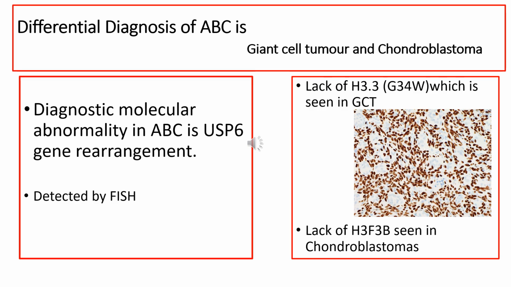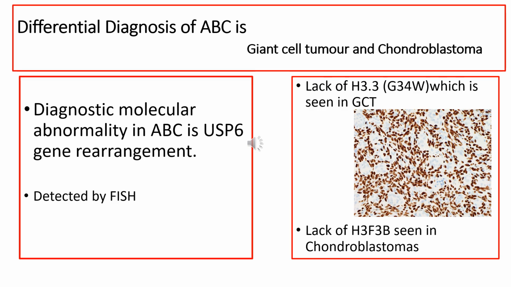So the differential diagnosis of aneurysmal bone cyst is giant cell tumor, but also chondroblastoma. The diagnostic molecular abnormality in ABC is known as the USP6 gene rearrangement. For a long time, ABCs were considered as tumor-like lesions, but today they are considered as tumors.